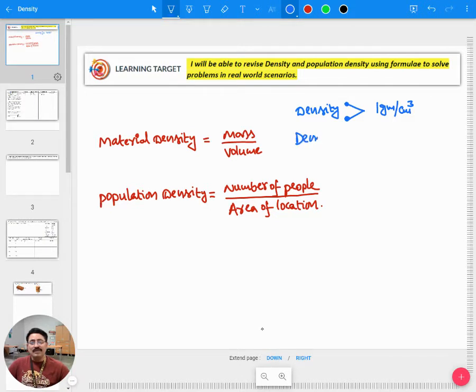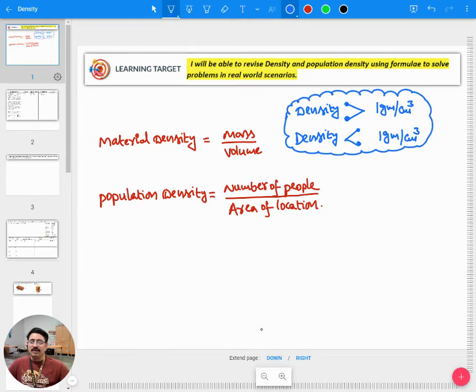Suppose the density is less than 1 gram per cubic centimeter, that floats on the surface of water. Anyhow, while explaining the problems, I'll make use of this point.